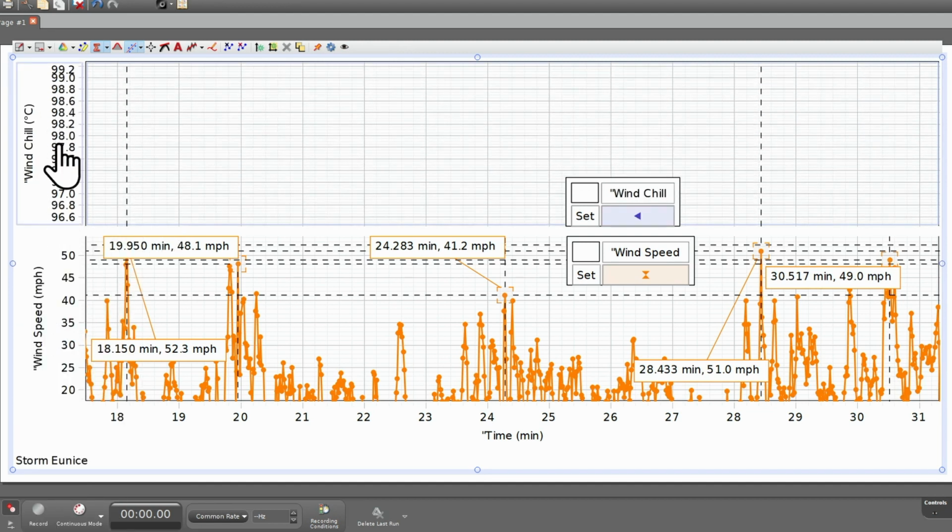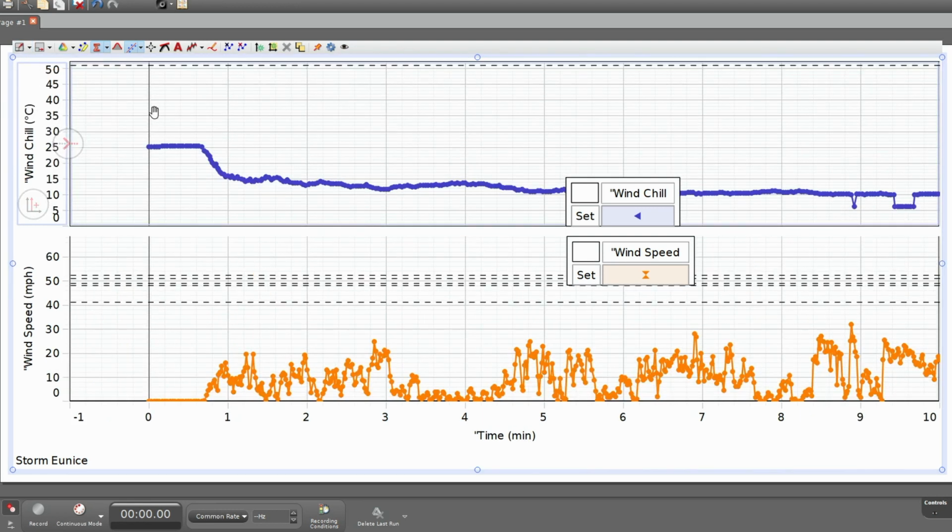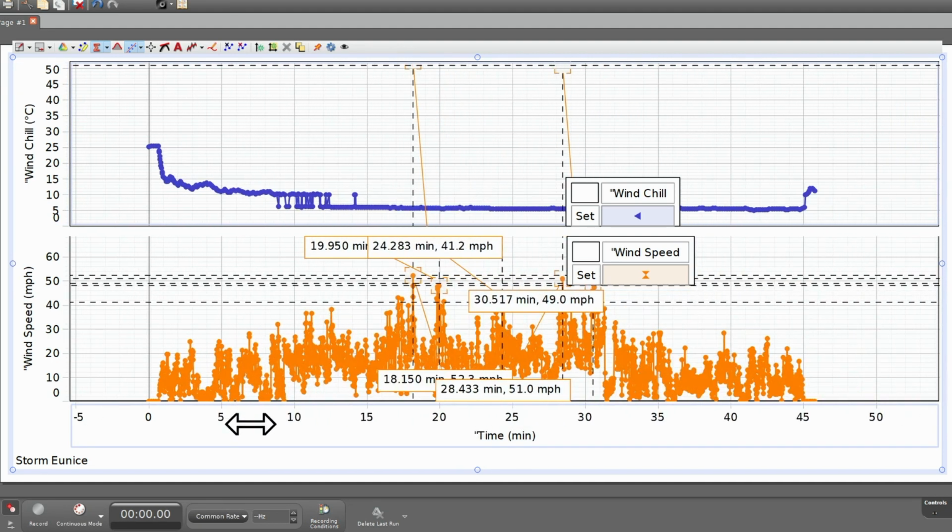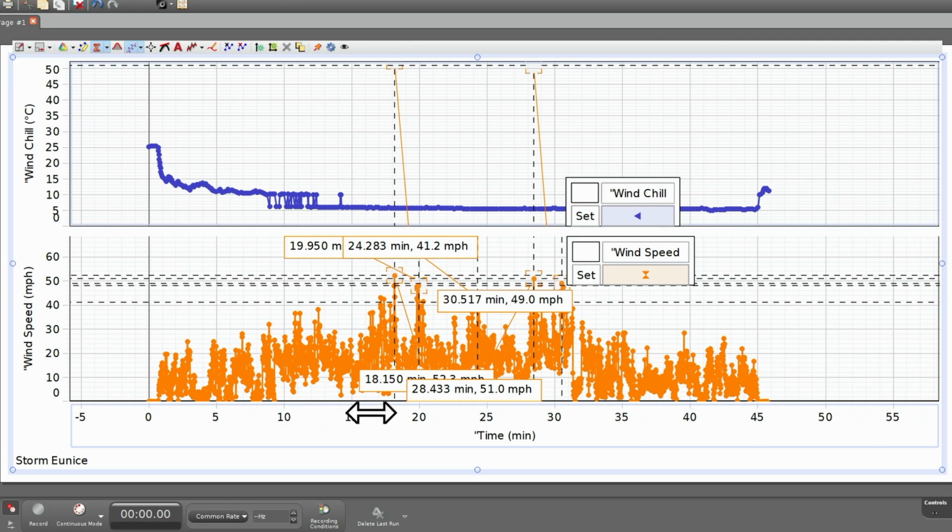As well as looking at barometric pressure, we also had a look at things like the wind chill, and I think I'm going to have to set this on a different scale here, and we can see that from the moment I went out, and I'm just going to pull this along a bit to where we were, we can see that we had a fair old amount of wind chill here, going from the balmy 25 degrees Celsius from inside to about here 5 Celsius.